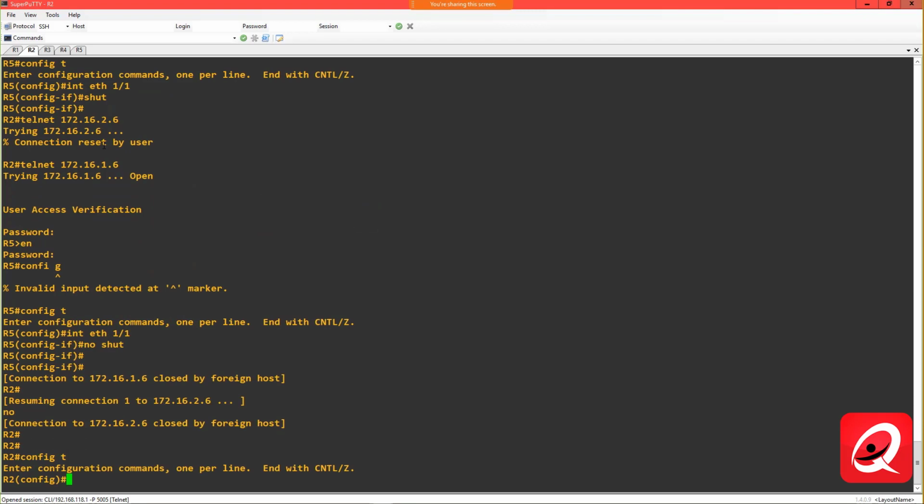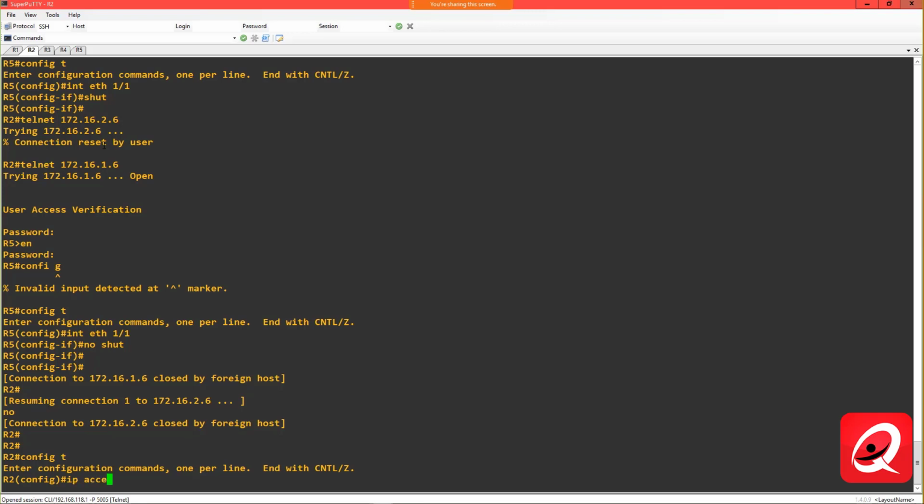Config t. Now, this is probably not the recommended way of doing it. I'm going to show you that because this is something that they might have you do in the CCIE lab, where they say, make sure that this route takes this path, but then make sure these other routes take the other paths. You could certainly do that with policy-based routing, but you can also manipulate it with offset lists.